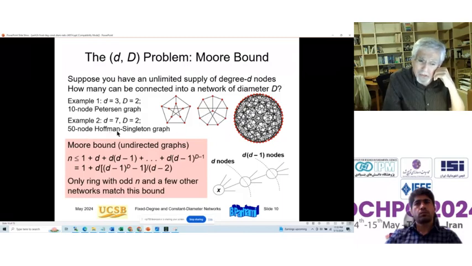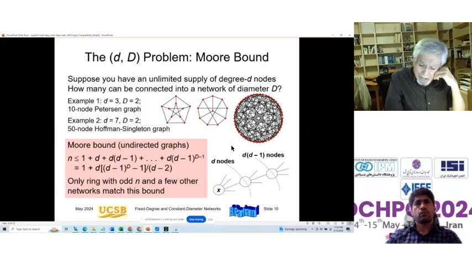It has 50 nodes, the diameter is equal to 2, and node degree is equal to 7. But graphs such as this that maximize the number of nodes are relatively rare. And for many node degrees and diameters, we do not have an optimal network such as these two.